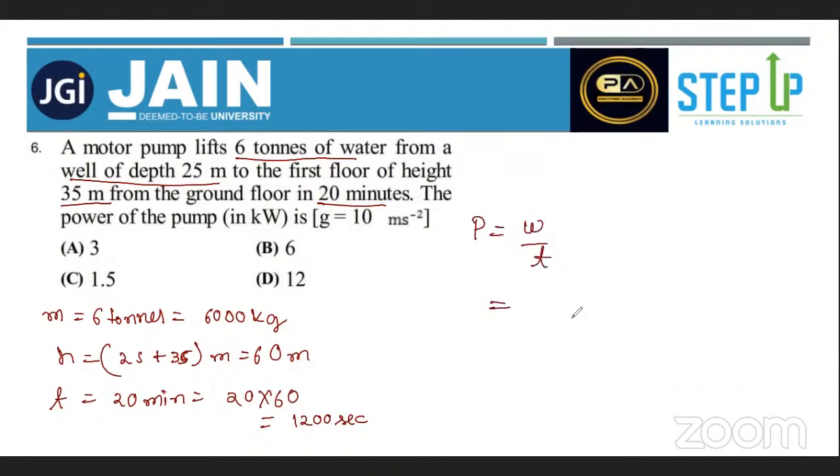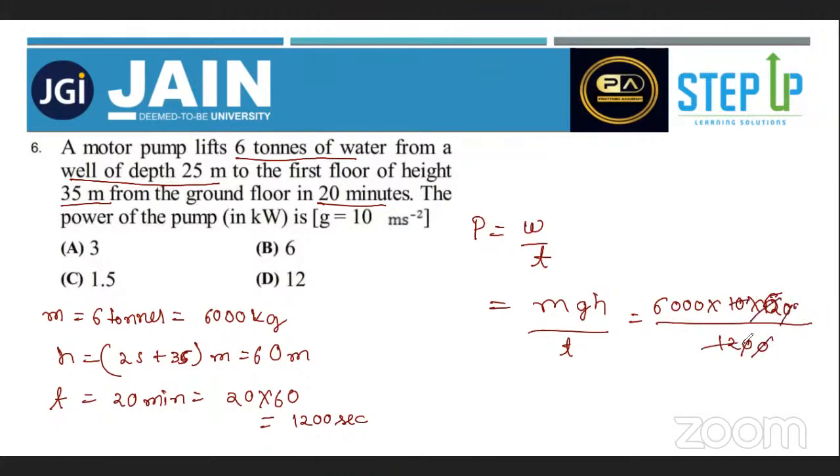Here the work is gravitational potential energy, so I'll write it as mgh over time, where m is 6,000, g is 10, h is 60, and the time is 1200 seconds. Basically this gives 3,000 watts, which is nothing but 3 kilowatts.